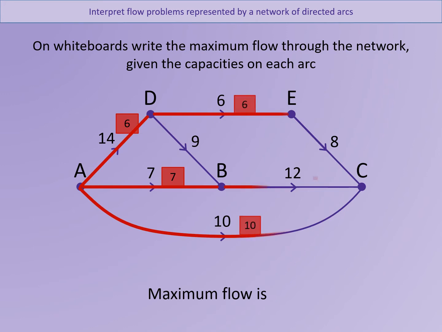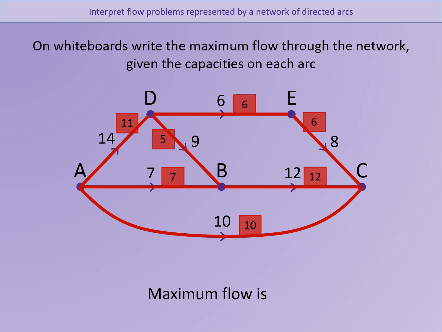So here we've got ABC with a maximum flow of 7, A to C maximum flow of 10, ADEC with a maximum flow of 6, but we could also increase the flow along AD slightly and then use the extra capacity D to B and then B to C. So we could increase AD to 11, DB to 5 and BC to 12.